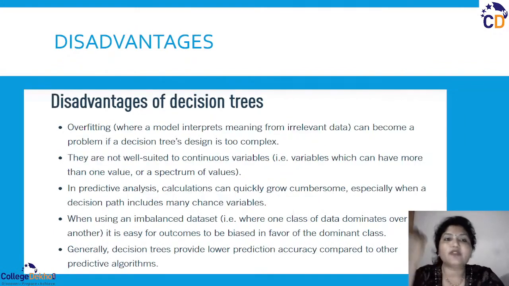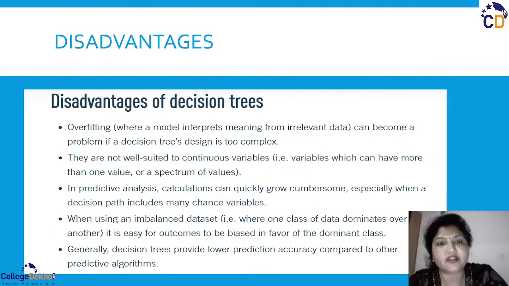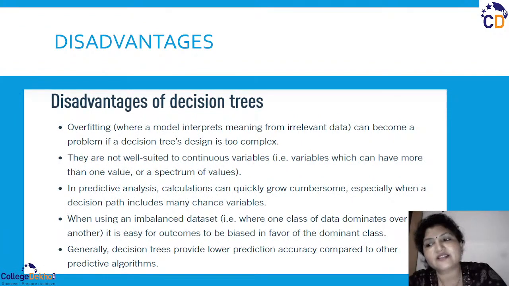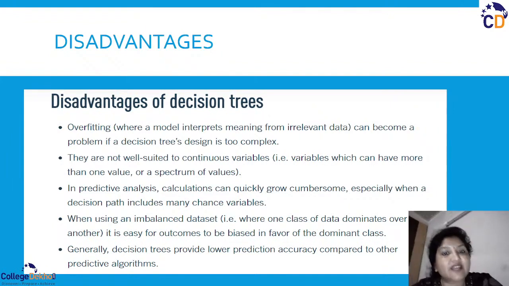So let us see some of the disadvantages also. When we are talking about the advantages, let us see the number of disadvantages. So overfitting. Overfitting is where a model interprets meaning from irrelevant data, and can become a problem if a decision tree design is too complex.